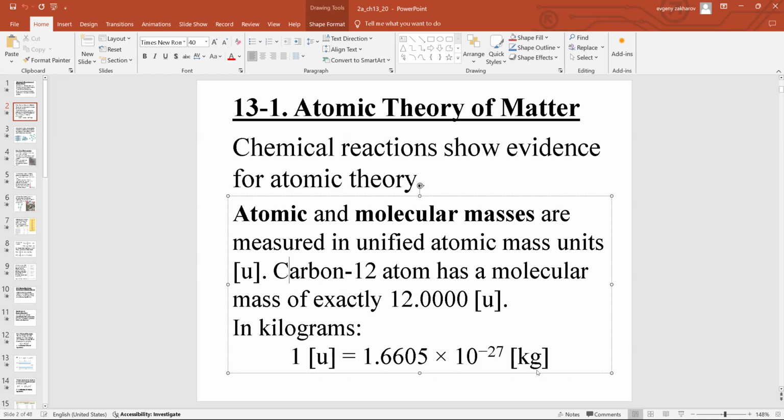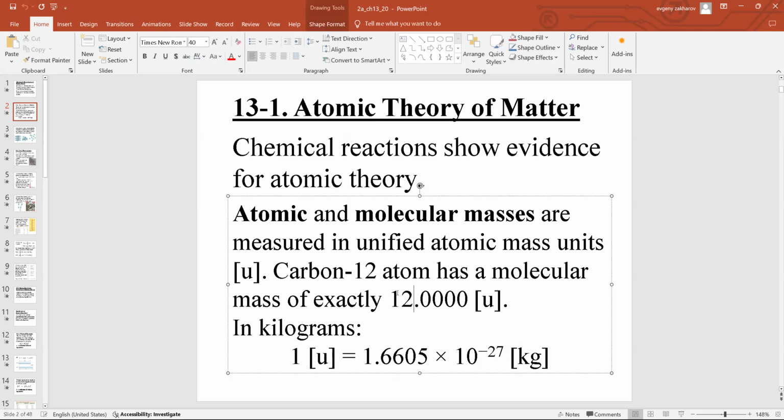Once again, it's still the kilogram that we are going to use for all the calculations in terms of physics. But if U's are given, then you have to convert from unified atomic mass units into kilograms, and you can see the conversion factor represents a very, very small number, which is fine because we're talking atoms and molecules. They're very small. It's hard to see those.